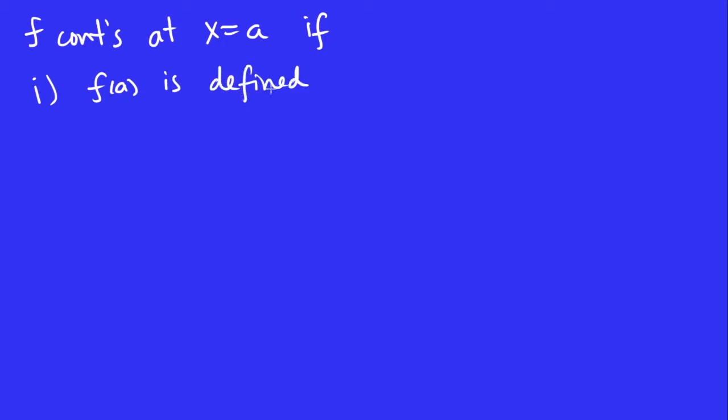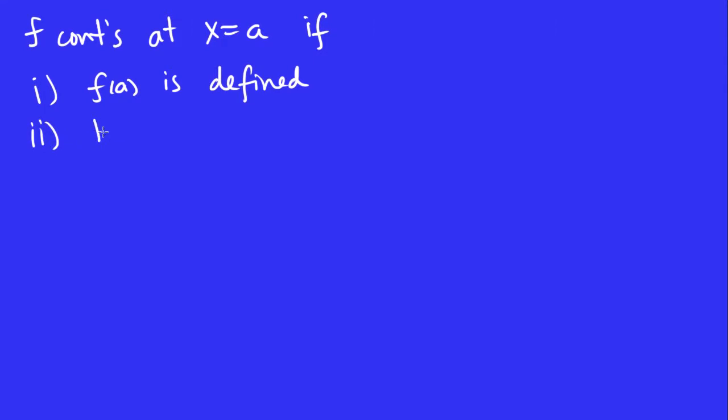So f is continuous at x equals a if, let's use that useful definition that we had. I'll write it, I hope I didn't confuse you with it, I'll say it again. Well, f of a is defined. And I'll write it like this.